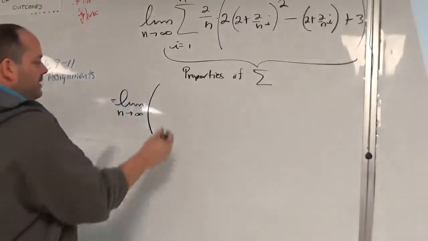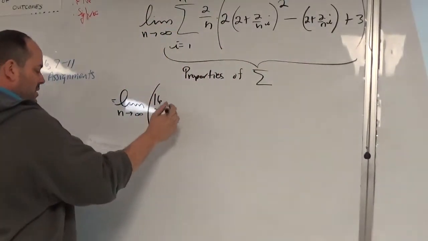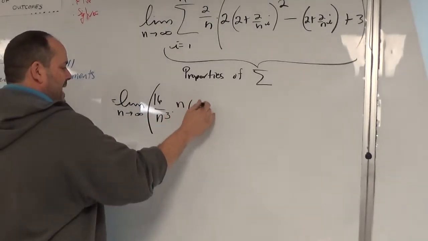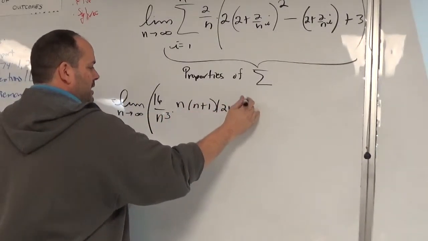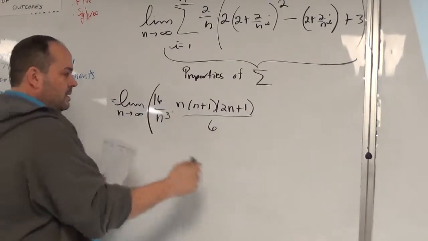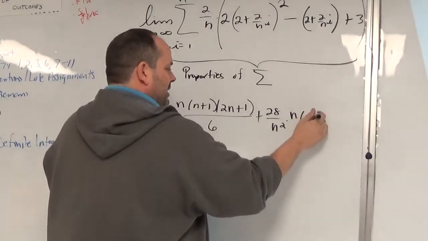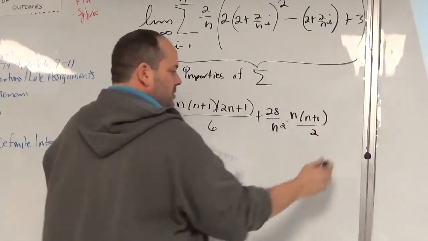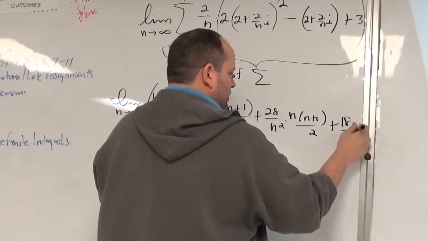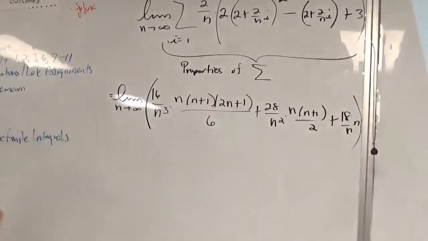But if you knew properties of sigma notation like I do, you'd be able to rewrite all of this in the following way. 16 over n cubed times n plus 1 times 2n plus 1 over 6, plus 28 over n squared times n plus 1 over 2, plus 18 over n times n.